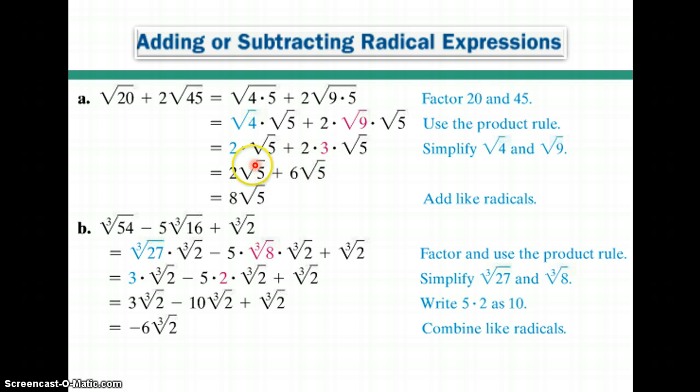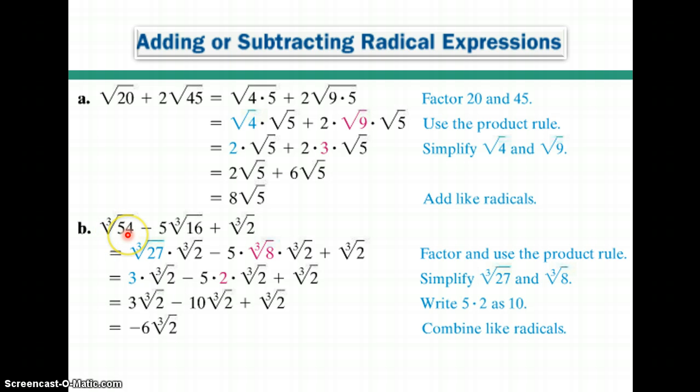Now in this radical expression, the radicals are same radicand 5 and same index 2, so they are like radicals, so we can add them. So we have 2 plus 6, 8 times square root of 5. Let us see some other example.